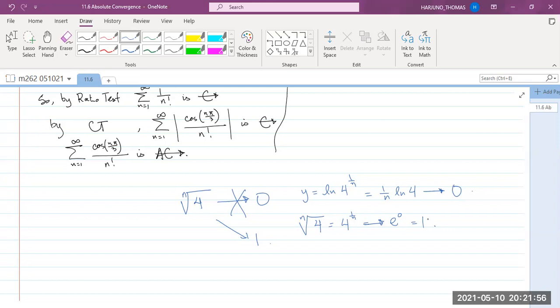Right? It's the natural log of this expression that is convergent to 0, not that sequence itself. No, it's the natural log of that which is convergent to 0.